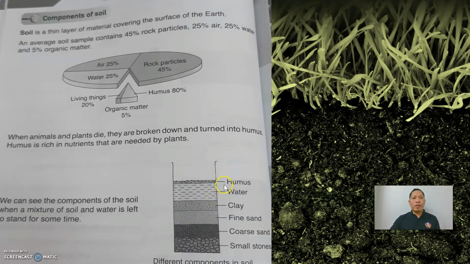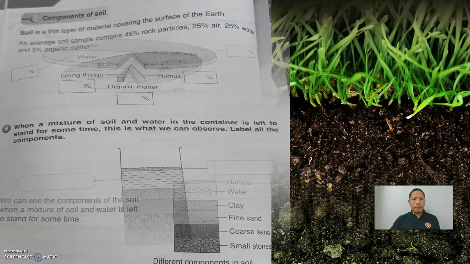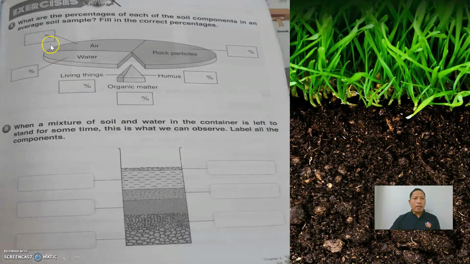Again, you are going to answer your book. Okay, let's answer. Now, what are the percentages of each soil component in the average soil sample? Fill in the correct percentage. So this time you are going to write the number.